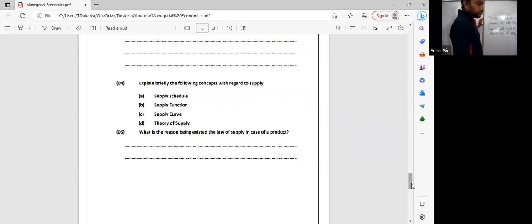The theory of supply is concerned, the theory which is contained of all the concepts with regard to the concept of supply.